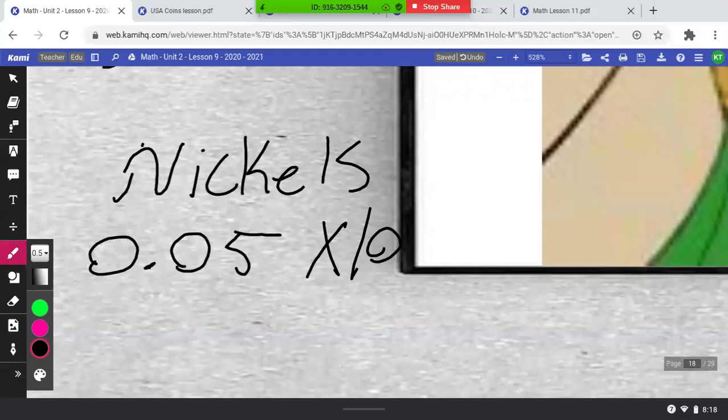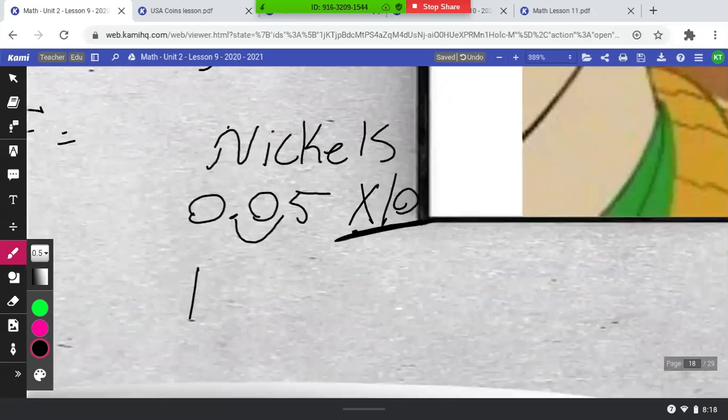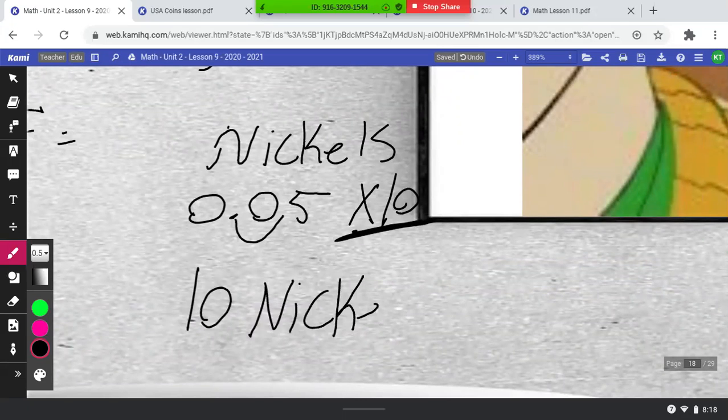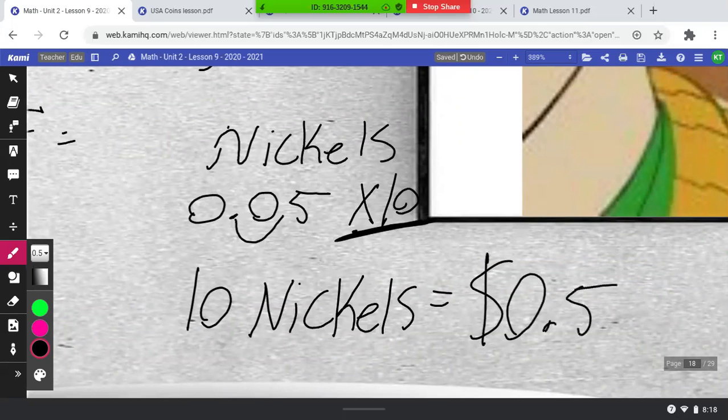So that's easy. So I'm going to increase one place value. Boom. So 10 nickels equals 50 cents. Half a dollar.